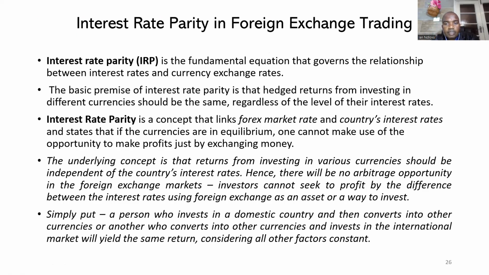It is a fundamental equation that governs the relationship between interest rates and currency exchange rates. The fundamental premise of interest rate parity is that hedged returns from investing in different currencies should be the same, regardless of the level of their interest rates.